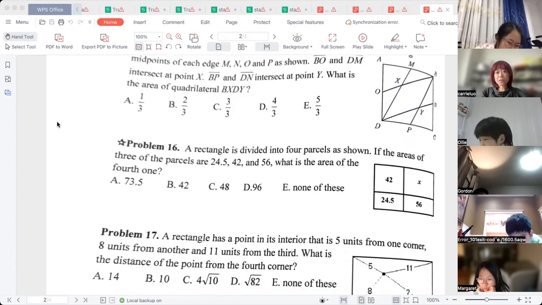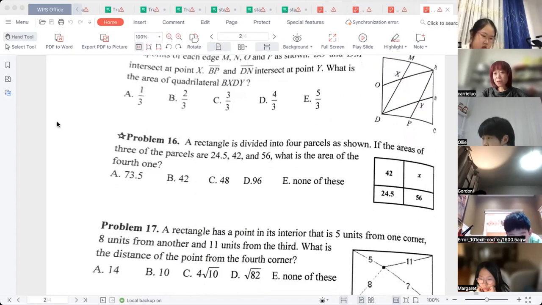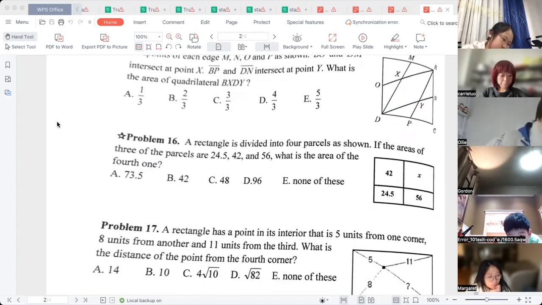Okay, problem 16. Margaret. A rectangle is divided into 4 parcels as shown. If the areas of 3 of the parcels are 24.5, 42, and 56, what is the area of the 4th one?